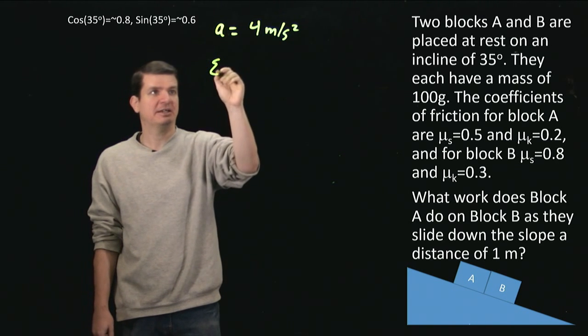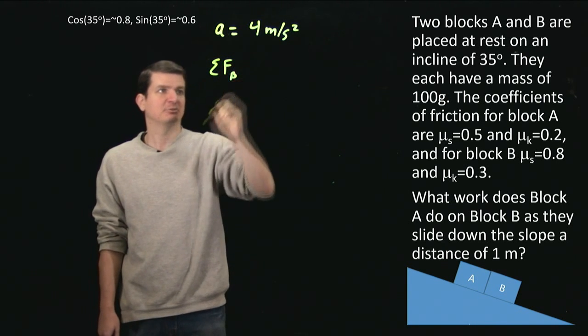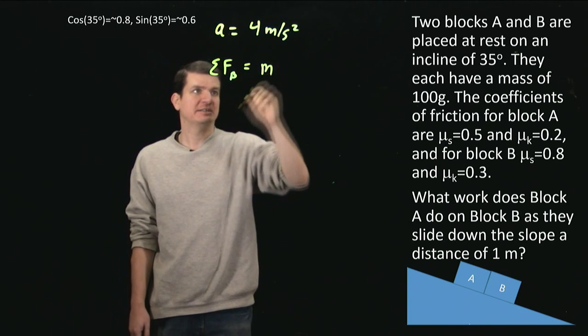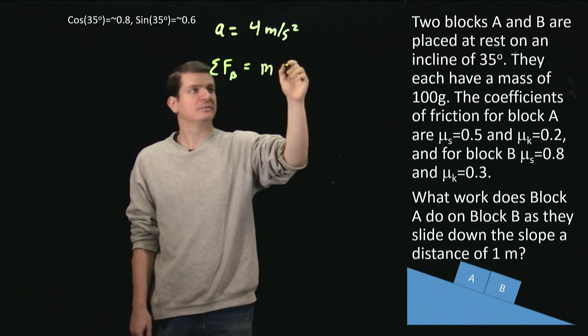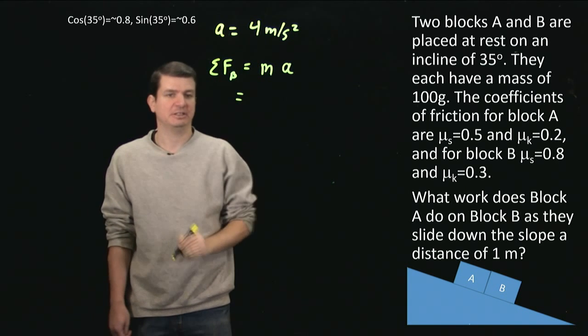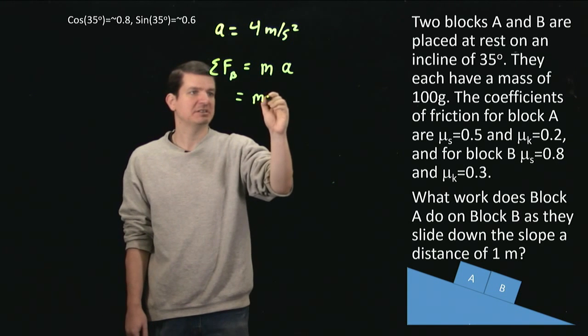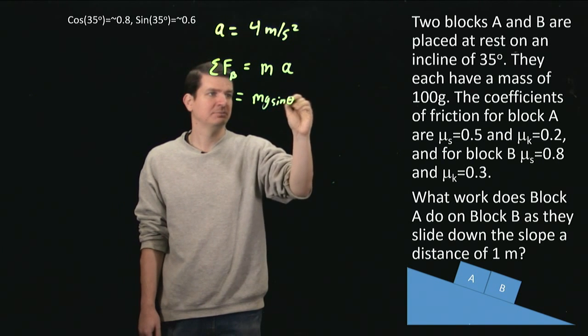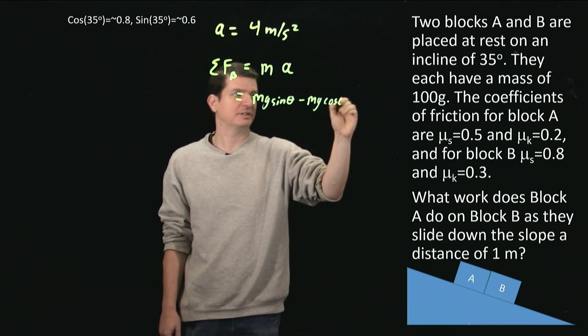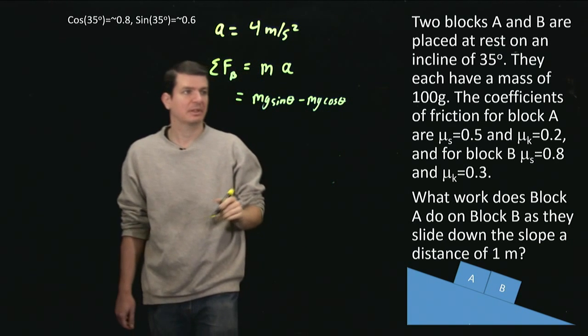So let's think about that. The sum of the forces acting on block B should equal the mass of B, which is just m, times the acceleration, which is this 4, but it should also equal an mg sine theta directed down the slope, a minus mg cosine theta directed up the slope, times a mu.